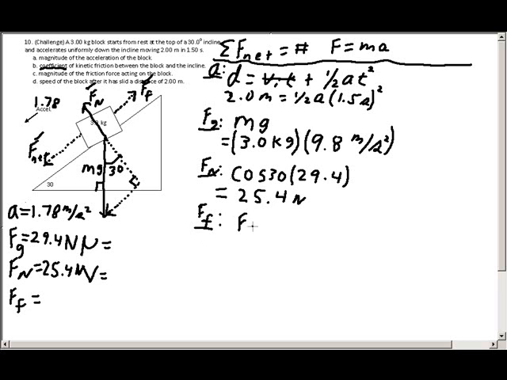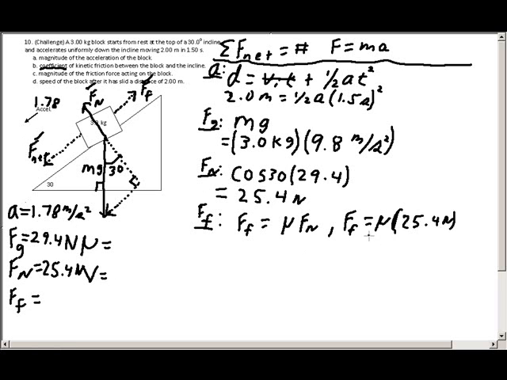I think frictional force is equal to mu F normal. Oh, that's simple enough. Then we go, okay, I don't know my frictional force. I don't know my coefficient. But I do know my normal force, which is 25.4 newtons. I have a problem.